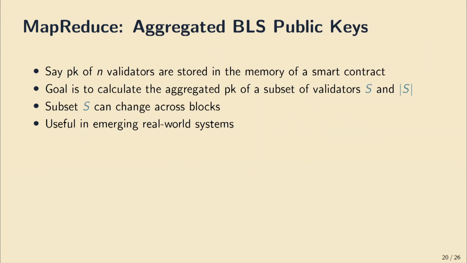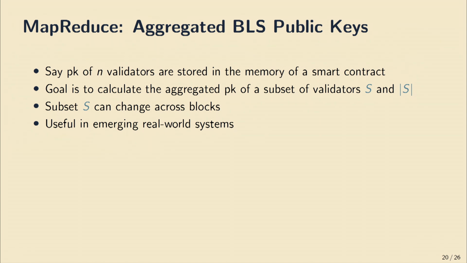The first application is that we apply this MapReduce on an aggregated BLS public key. So here is exactly what we want to solve. Say the BLS public keys of n validators are stored in the memory of a smart contract, okay? And someone comes up with an aggregate public key and makes a claim.